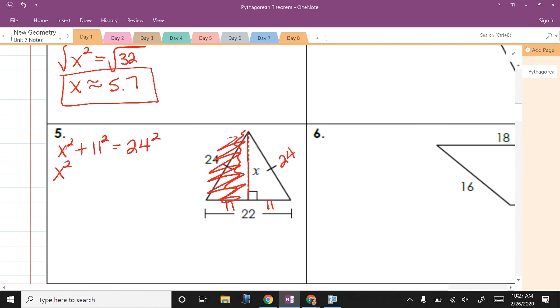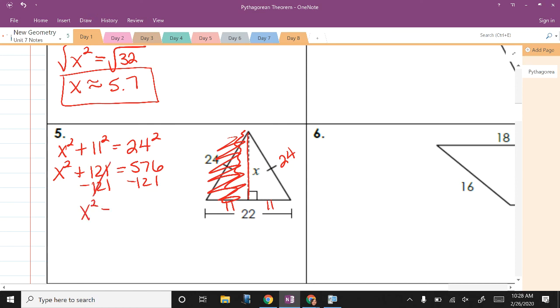So x squared plus 11 squared is what? 121 equals, what's 24 squared? 576. So we want to get x by itself. So how do we do that? Yep, subtract 121 on both sides.